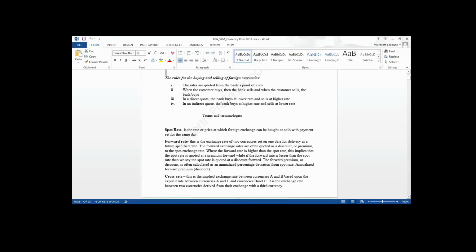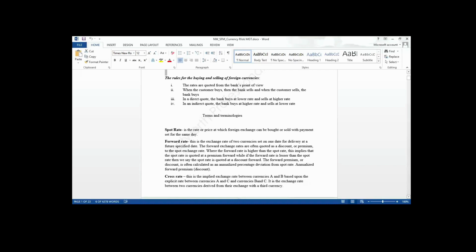For example, if you are making payments today in dollars, the exchange rate that applies today is known as the spot exchange rate.